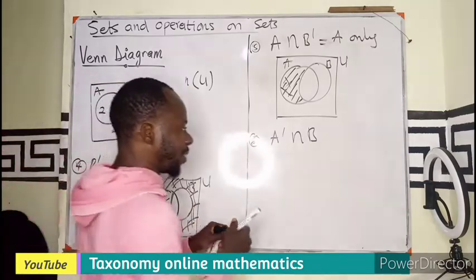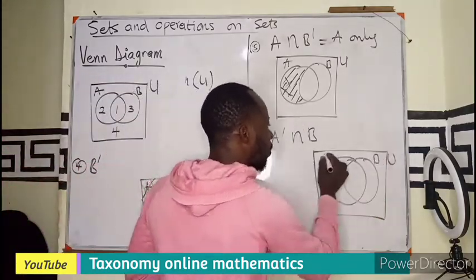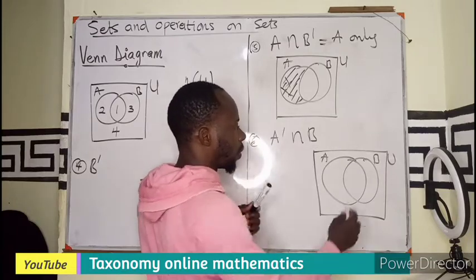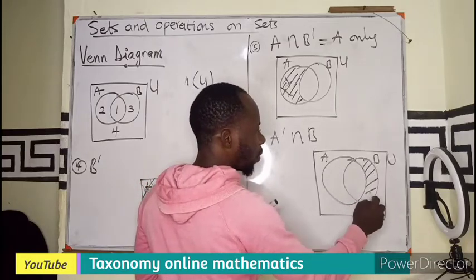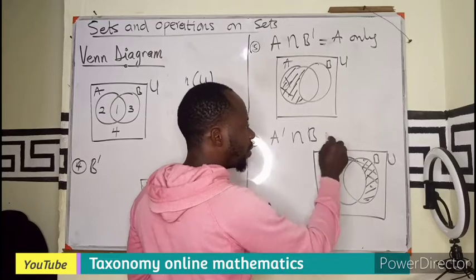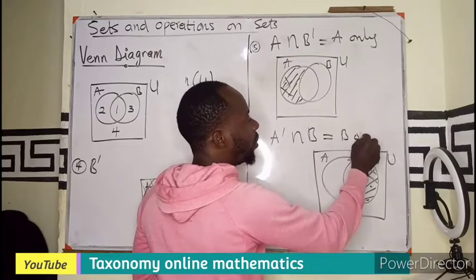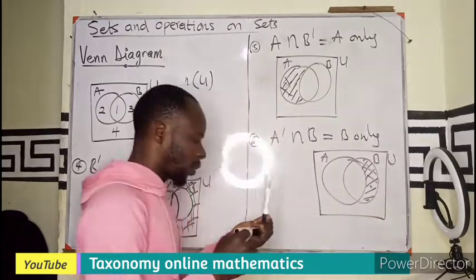So if I want to represent that, this will be the region, which will also mean B only.